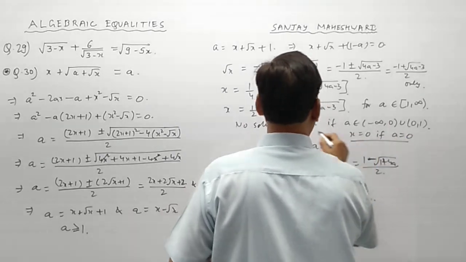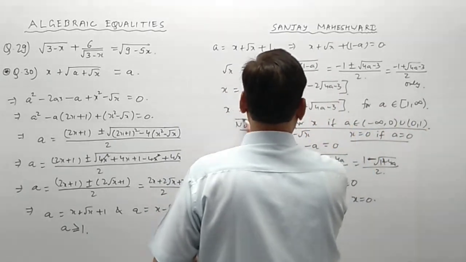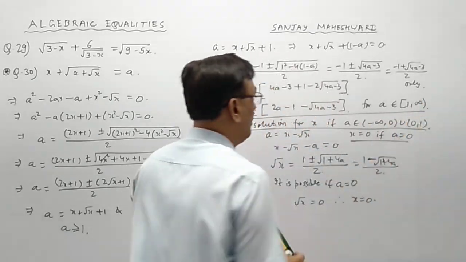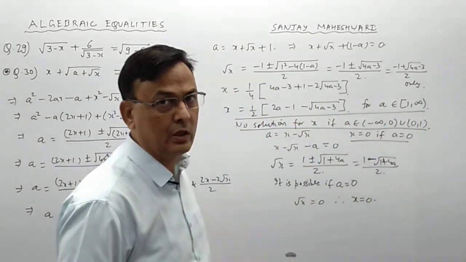So one solution and this solution. There are two solutions, and for this value of a there is no solution.